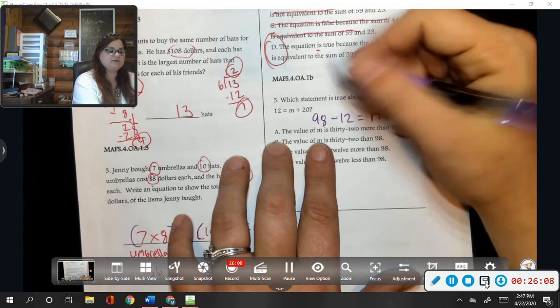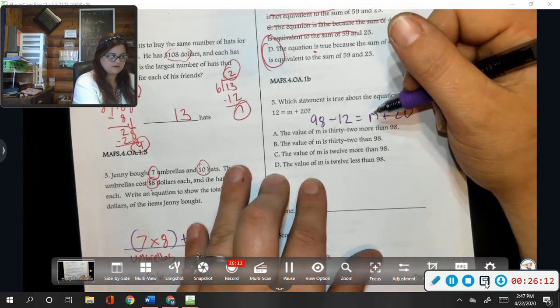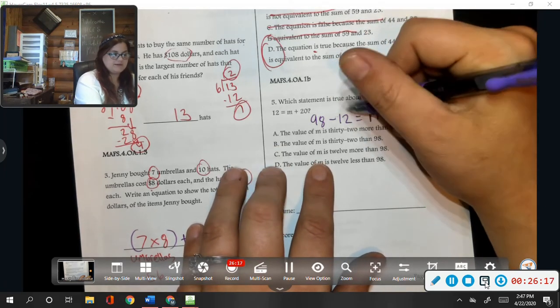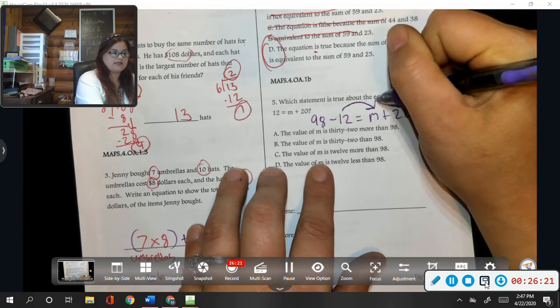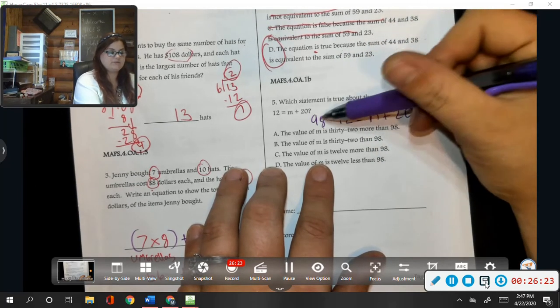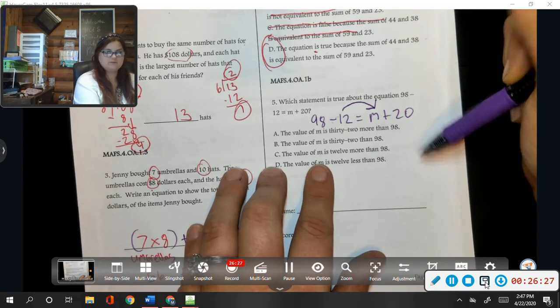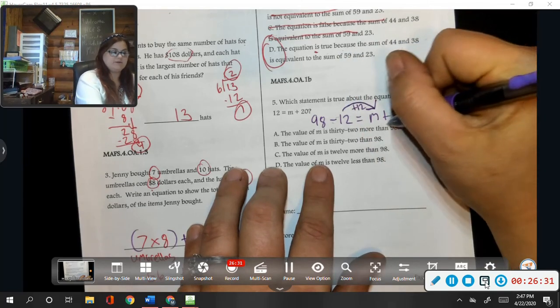Would that be true? If we were to take this 12, I would think it'd be the 12. If we were to take this 12 and add it over here in order to make this statement true, would that work? Or wouldn't it if we were to add?